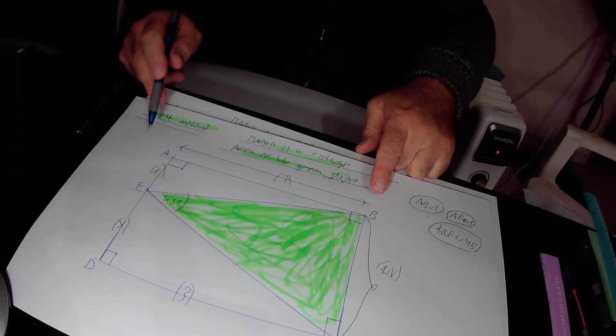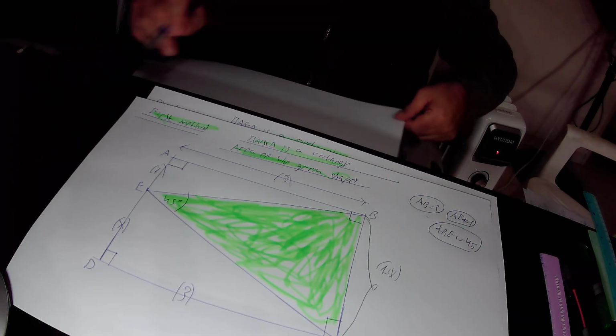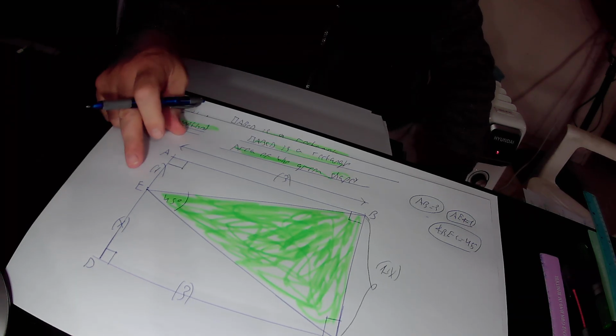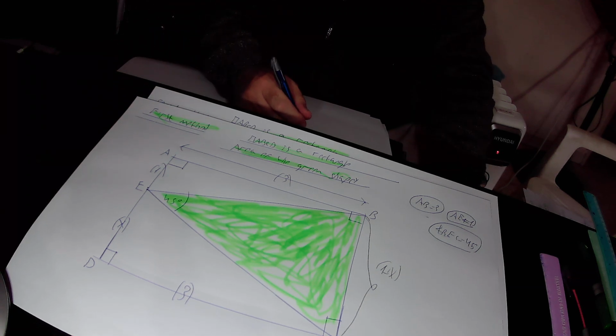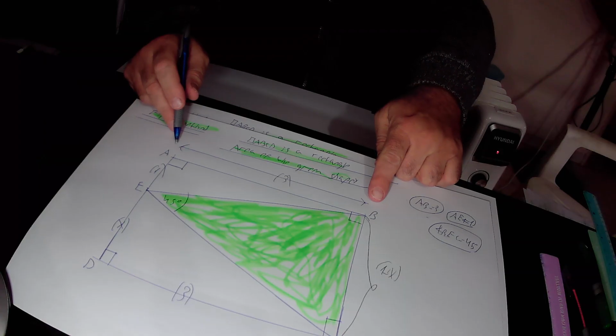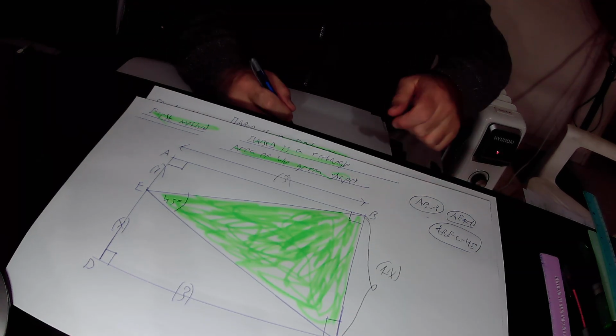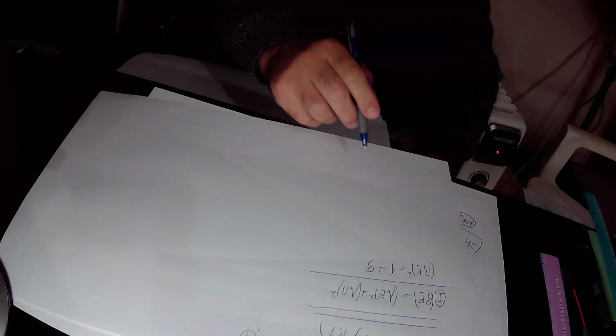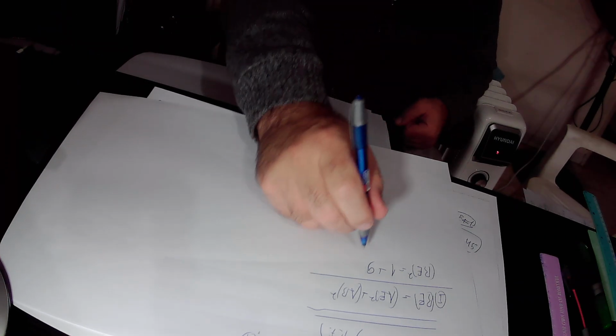BE is the missing hypotenuse, so we leave it as it is, so BE squared equals AE squared. AE is 1, therefore AE squared is 1 squared, that is 1, plus AB squared. AB is 3, therefore AB squared is 3 squared, that is 9. So in total, BE squared equals 1 plus 9, that is 10.